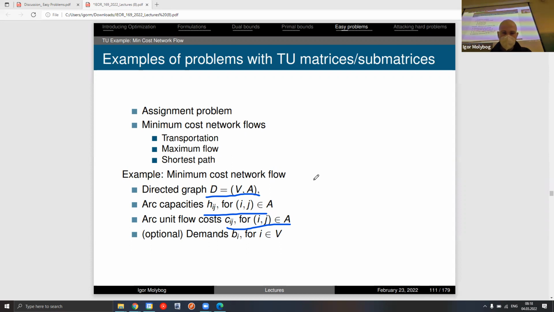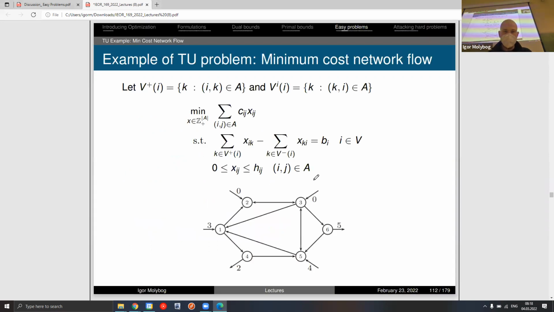And what you're asked about in the minimal cost network flow is to minimize. Let's define the v plus of I and the v minus of I, for each I, a vertex of the graph.